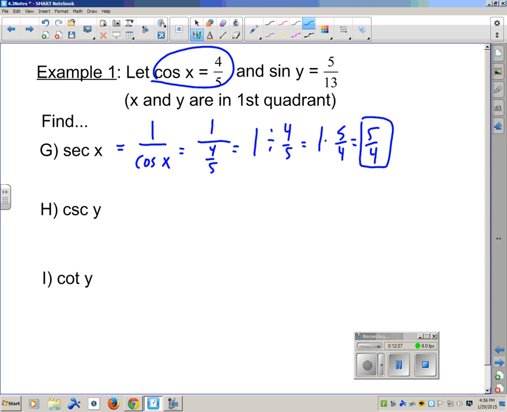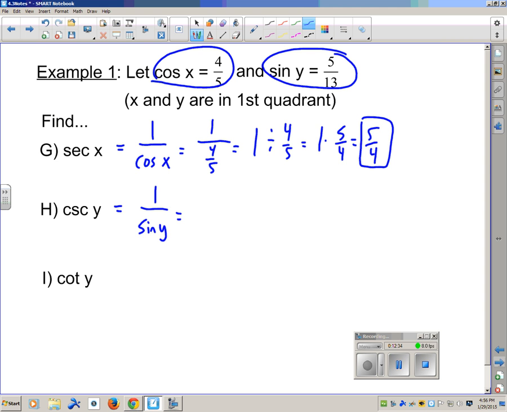We can do the same thinking with cosecant. Cosecant, but this time of y, is 1 over the sine of y. We could do the math, or we could look up there: the sine of y is 5/13. The cosecant and sine have reciprocal relationships. So if the sine is 5/13, what's the cosecant of y? 13/5.